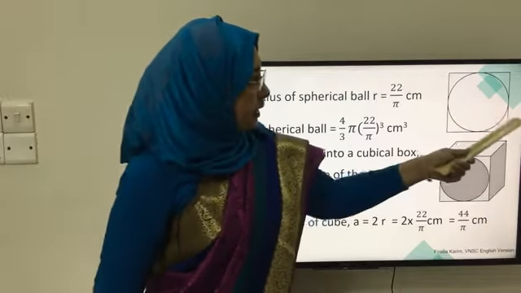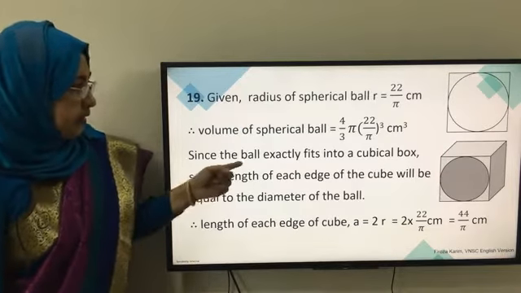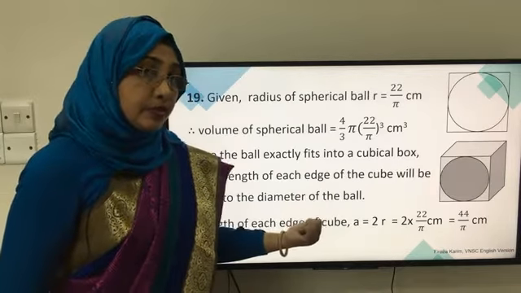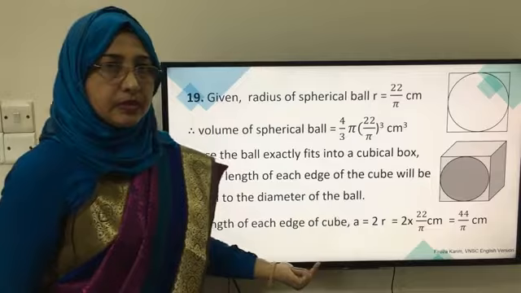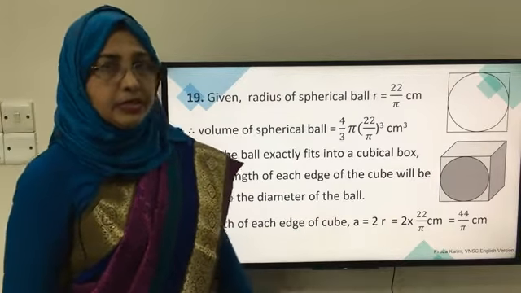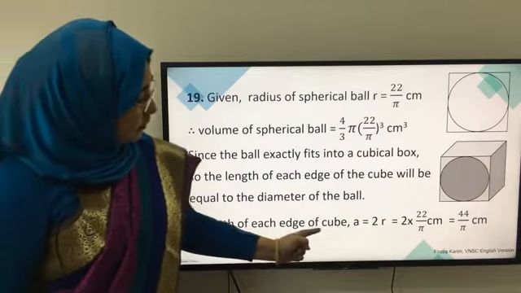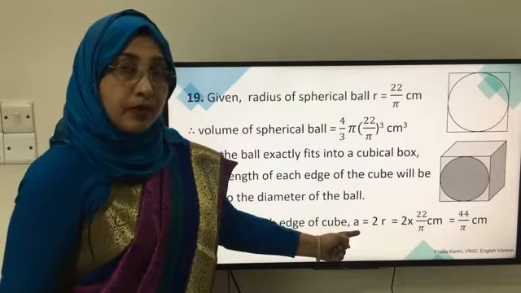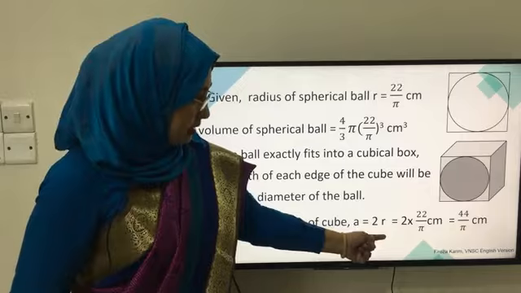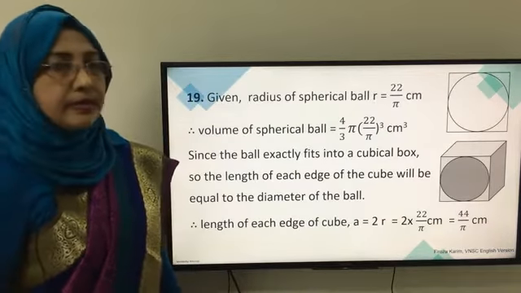So if we can find the diameter, we can find the length of each edge of the cube. Length of each edge of the cube, denoted by a, equals 2r, that is 2 into 22 by pi, or 44 by pi centimeter.